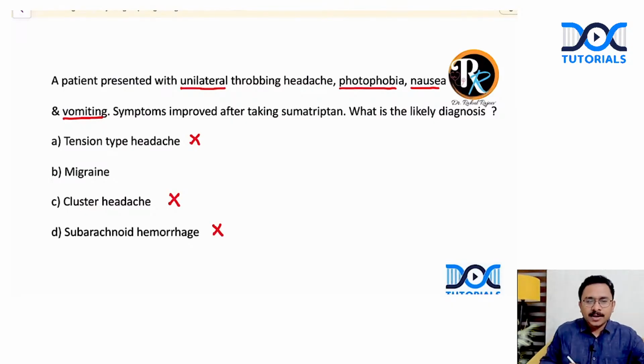And also the symptoms improving after taking sumatriptan. Patients with subarachnoid hemorrhage, the headache is not going to improve with use of sumatriptan. And we know that sumatriptan is the drug of choice for the treatment of an acute episode of severe migraine. So the answer for this question will be option B, migraine.